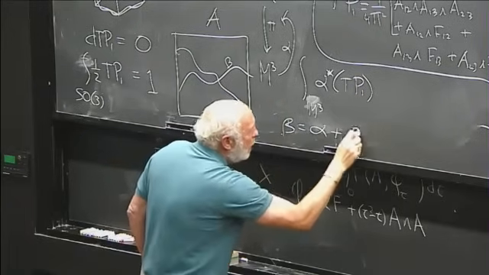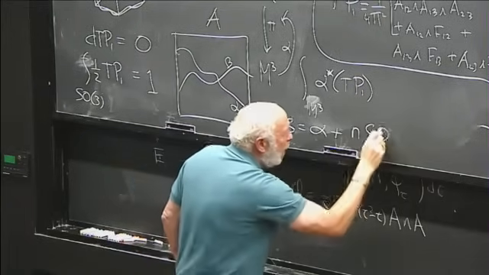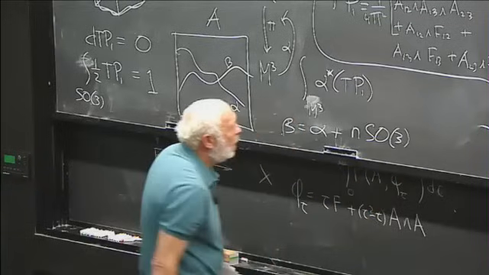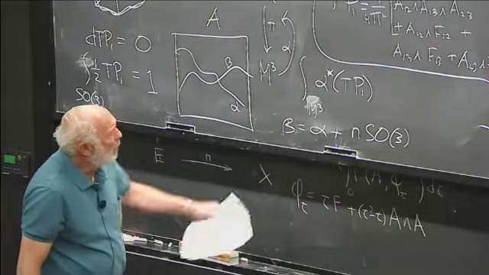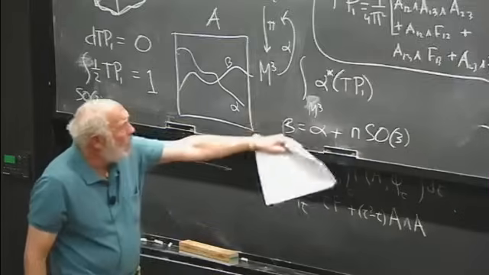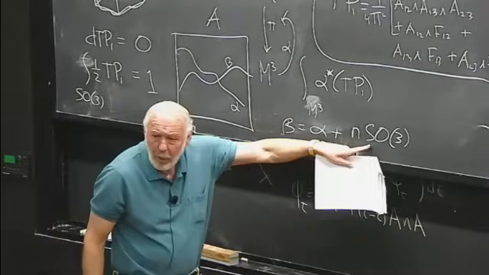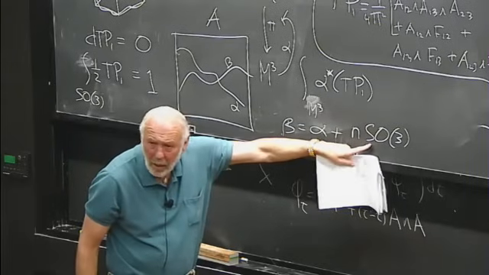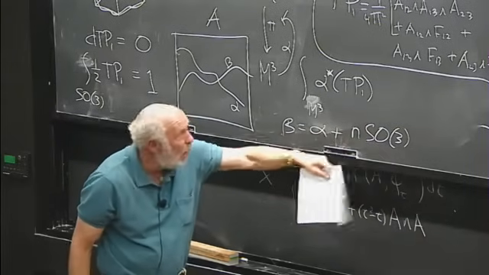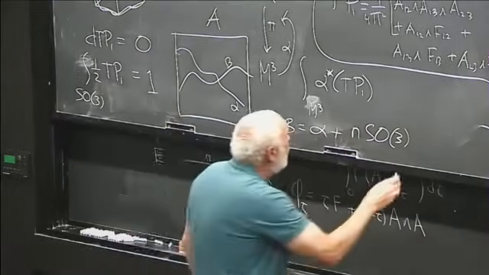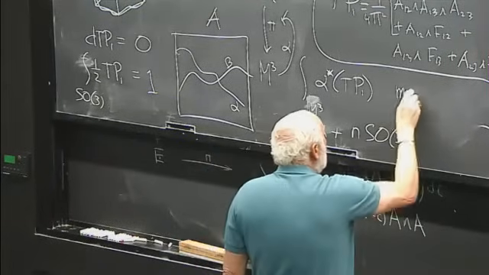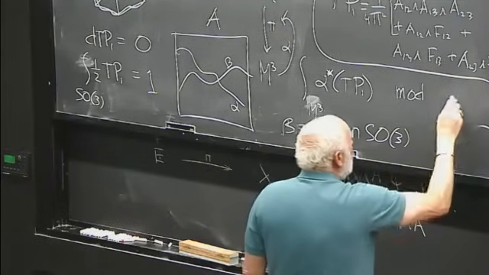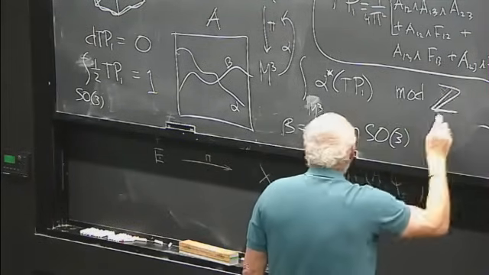This is all homologically. So therefore, this integral is well defined up to an integer, because the alternative would have been to integrate over the fiber too. I get n there. So if I reduce this modulo the integers, it is well defined.